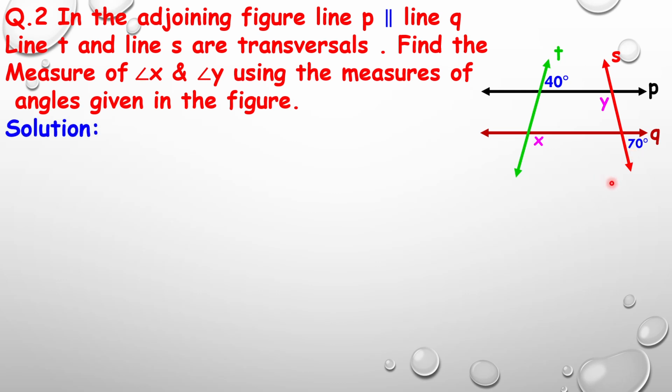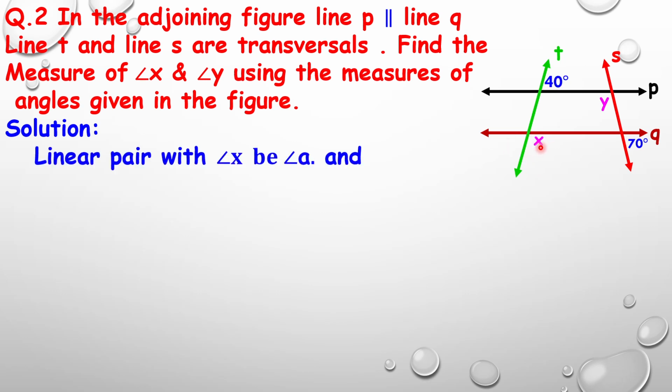Solution. You first observe the figure and find the relation between the angles formed on the transversals. If we take line P parallel to line Q and line T is the transversal, the angles formed on transversal T are X and 40.